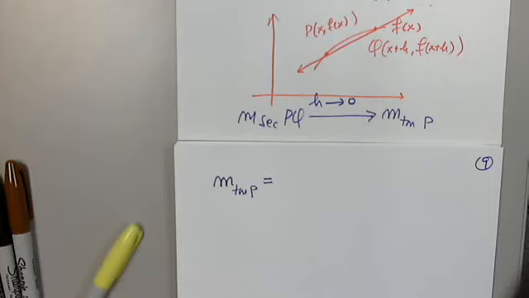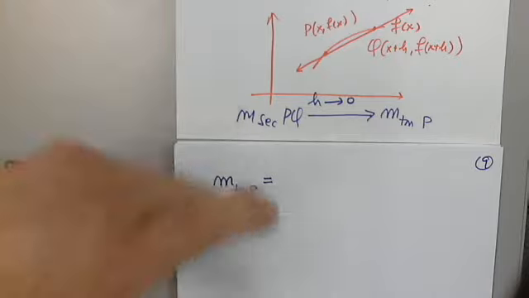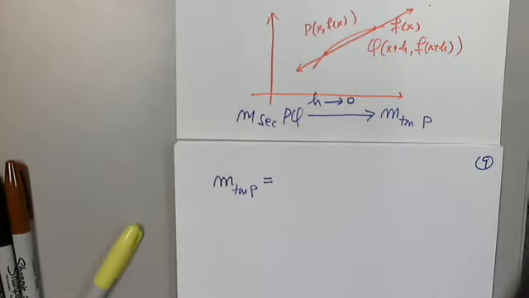So the slope of the secant line PQ was f of x divided by h, and that's a difference quotient, right? But what is the slope of the tangent line now? Okay, let me write it first so you can see it.